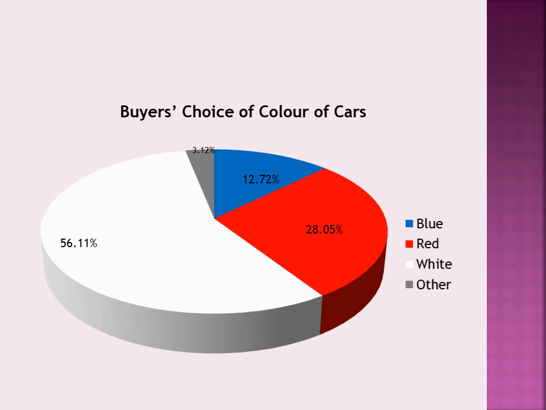It covers the most, more than half of the pie. And red is 28.05%, 12.72% is blue, and other color 3.12%. So at a glance, the idea we can get is that white is the most preferable color for the buyers.